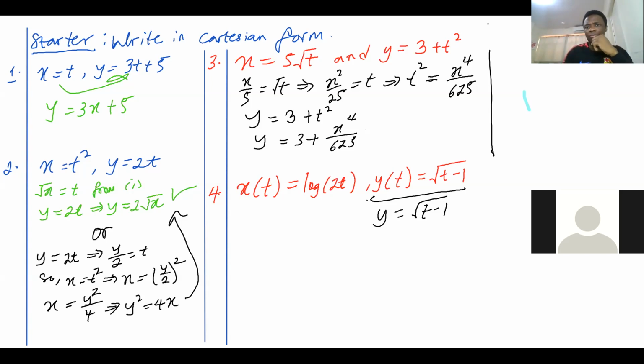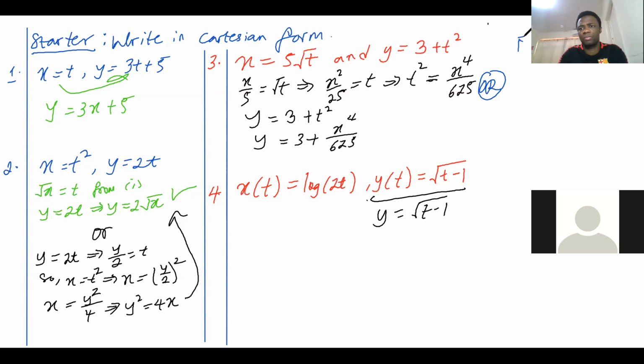Okay, so if you look at it another way, same question. If you make t the subject from here, actually I could just make t squared the subject from there.